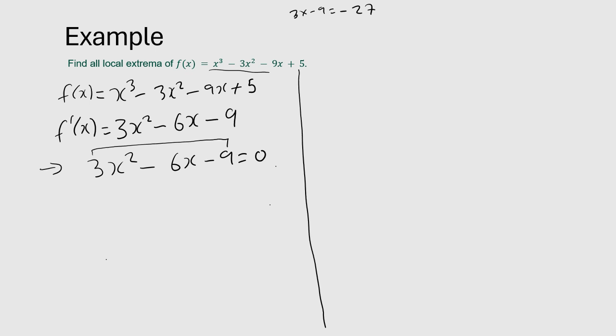And I think these are 3 and minus 9, because 3 minus 9 is minus 6, and 3 times minus 9 is minus 27. Then we write here 3x squared plus 3x, then minus 9x minus 9 equal to 0. So I put the values here. Instead of minus 6x, I just substitute 3x and minus 9x.